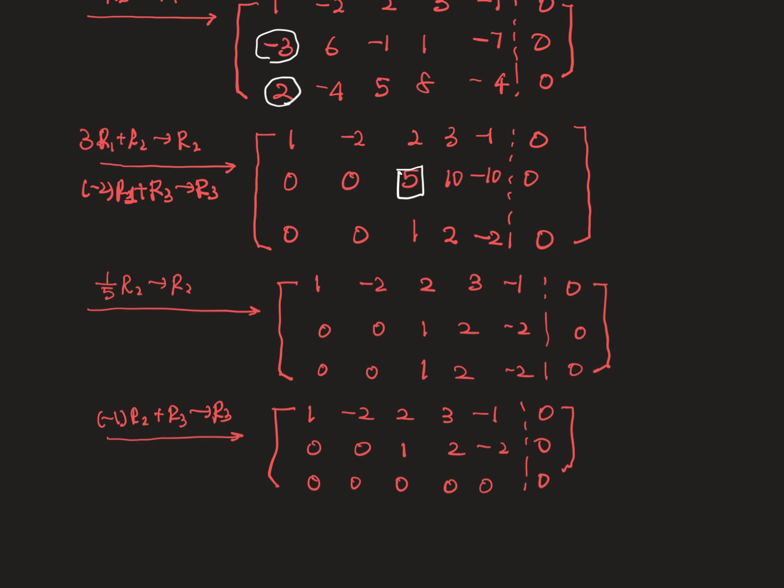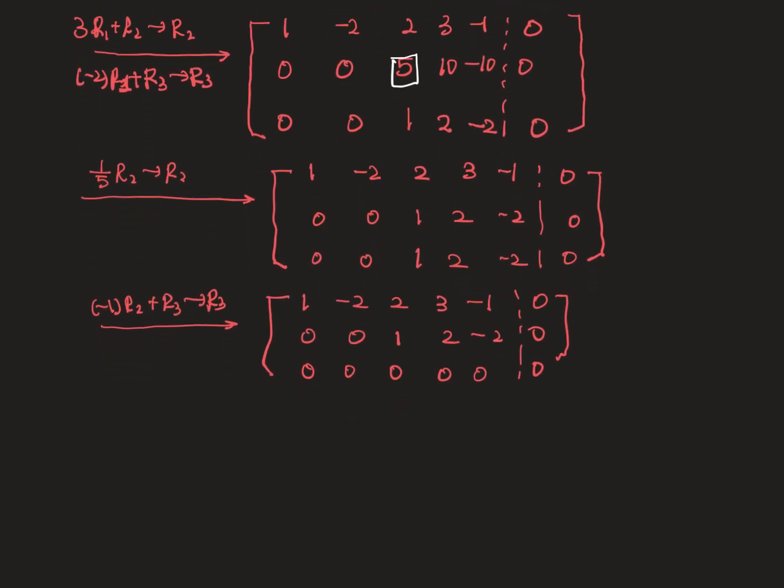This is a consistent system of equations. You can find infinitely many solutions. But here, guys, you're going to see the third row is 0. Look at this one. Here is a pivot. You should make this one 0. So you have to do one more operation. Make sure, guys, make sure.